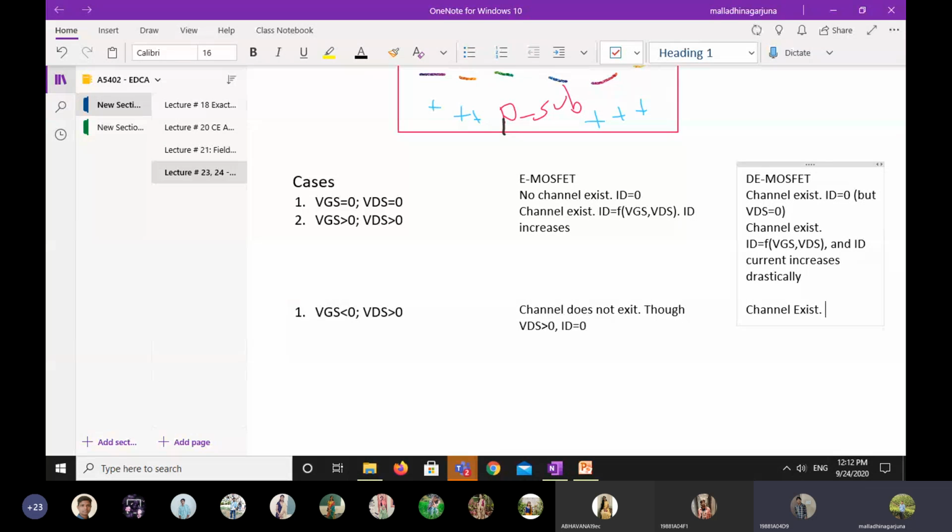ID is a function of VDS only. Am I right? Or VGS comma VDS. VGS also, sir. VDS comma VGS, right? Now, what about the ID current? Increase or decrease?